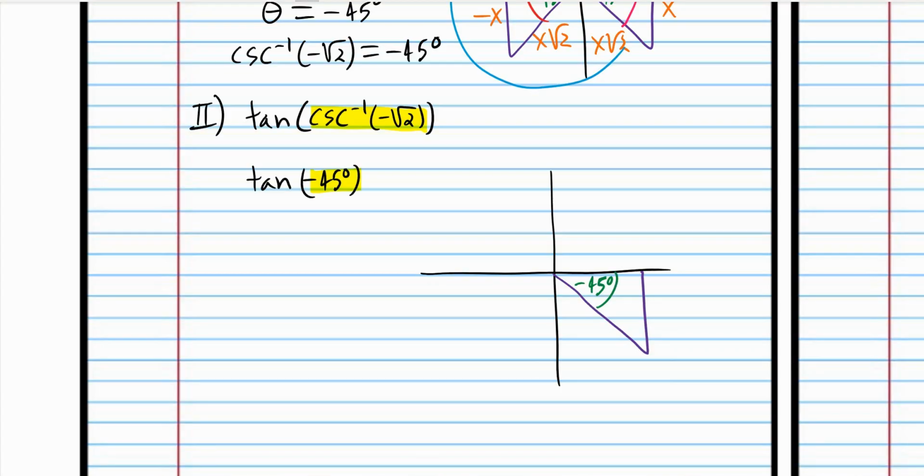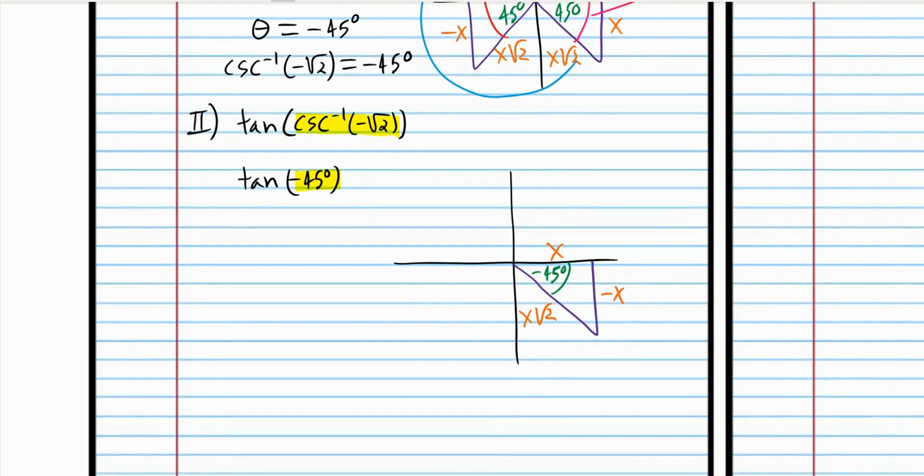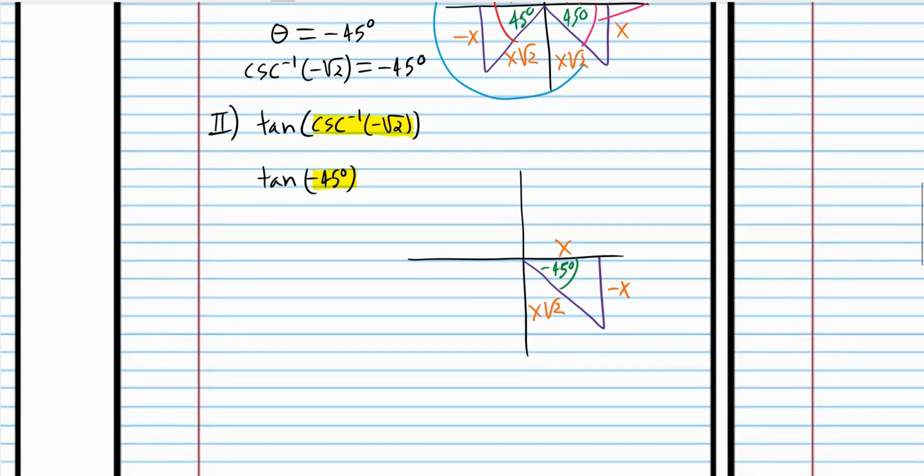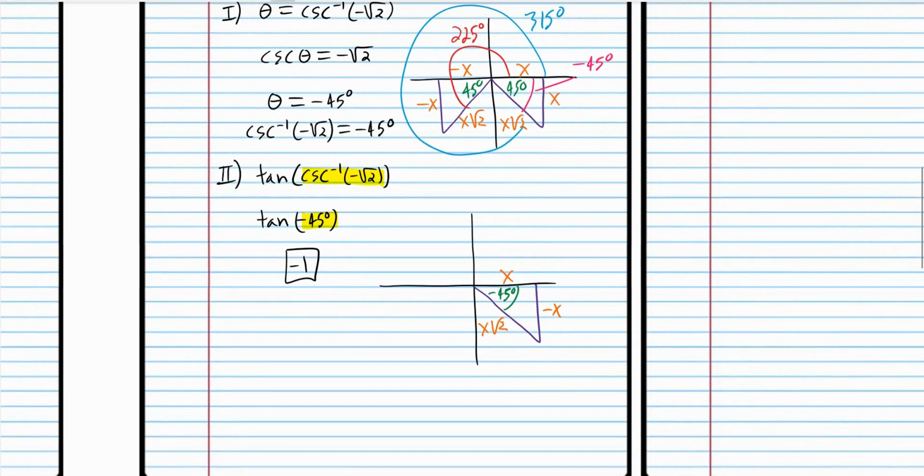And of course our sides are -x and x√2. And tangent is the opposite side of the green reference angle divided by the side adjacent to the green reference angle, so that would be -1. So if you got that right, excellent.